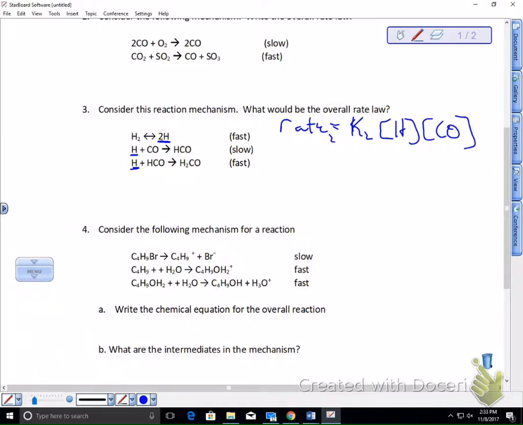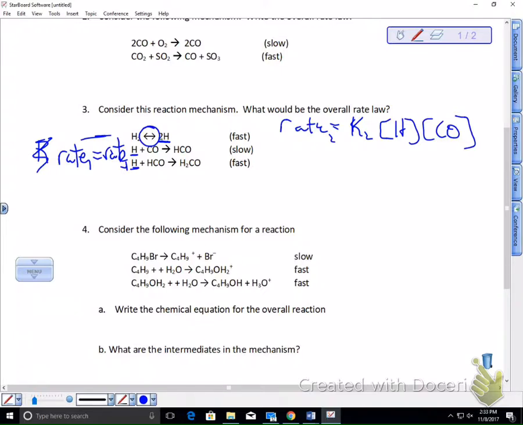I'm going to go back to my first step here where the intermediate is produced, and I'm going to write a little relationship. Knowing that this is at equilibrium, because the slow step is second, the fast step is going to go and the products are going to build up, and eventually the reactants will be reformed. It's going to create an equilibrium. So the rate of the forward reaction will be equal to the rate of the reverse reaction. That's a -1 to let you know it's going to be in reverse.